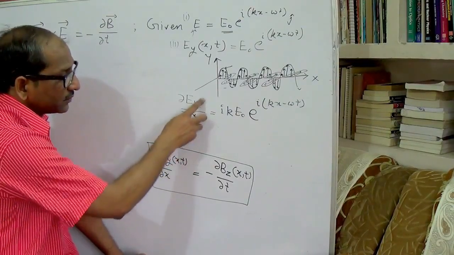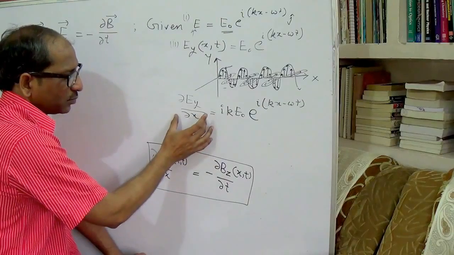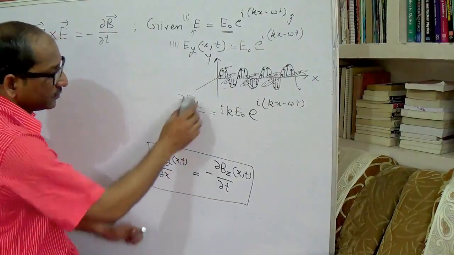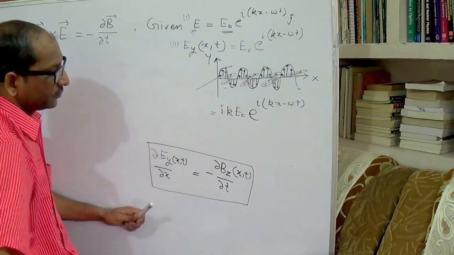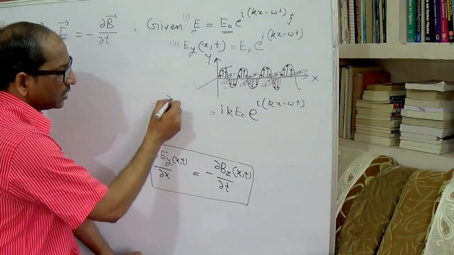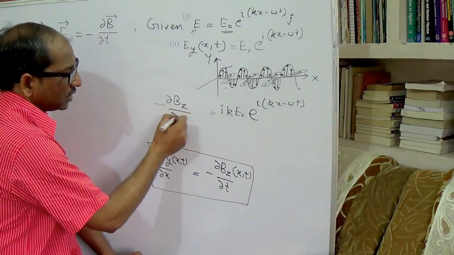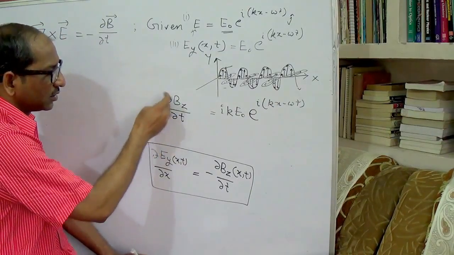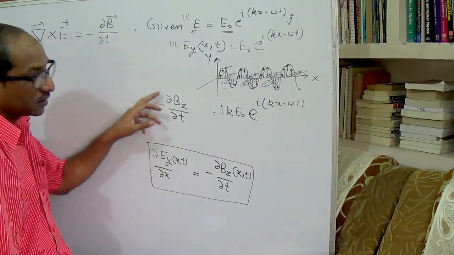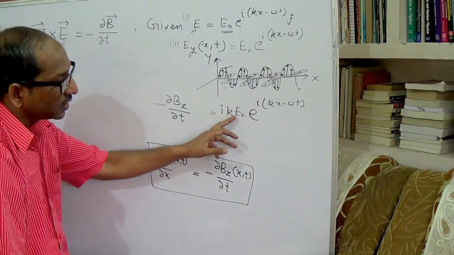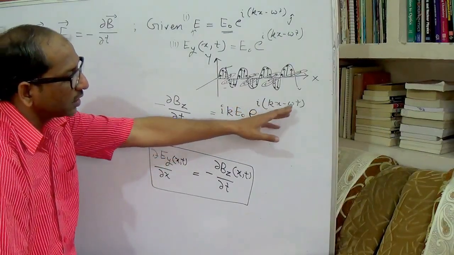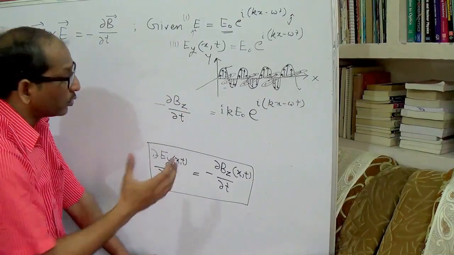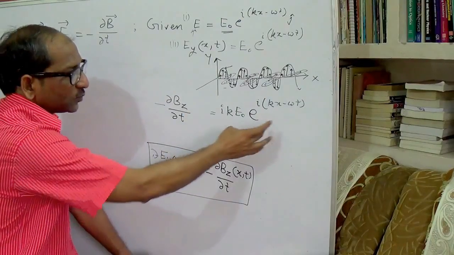I have differentiated, and that result is this one, so I can put it here. So minus ∂Bz/∂t, this is a partial differentiation, I am saying dt in a general way, is equal to iota k E naught exponential part e to the power iota (kx minus omega t). I have to find out the value of Bz.